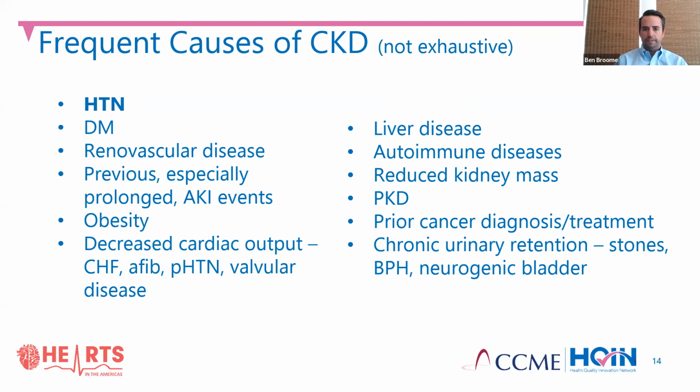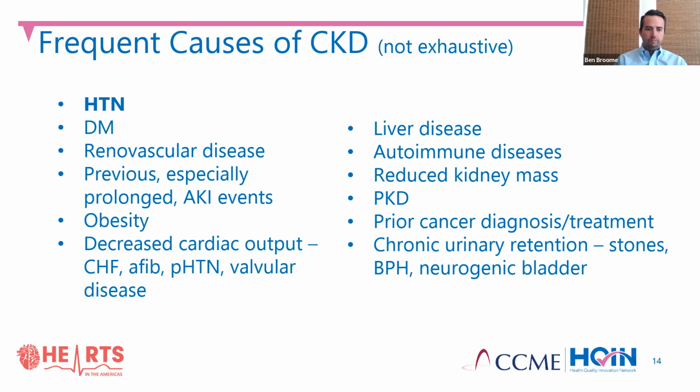So by far the most common referral that I get is a patient in their 40s, 50s, 60s or above, who has had at least a decade or so of high blood pressure and diabetes, and now we're seeing that their creatinine is rising, therefore GFR declining, and they get referred to me to evaluate and help manage that.